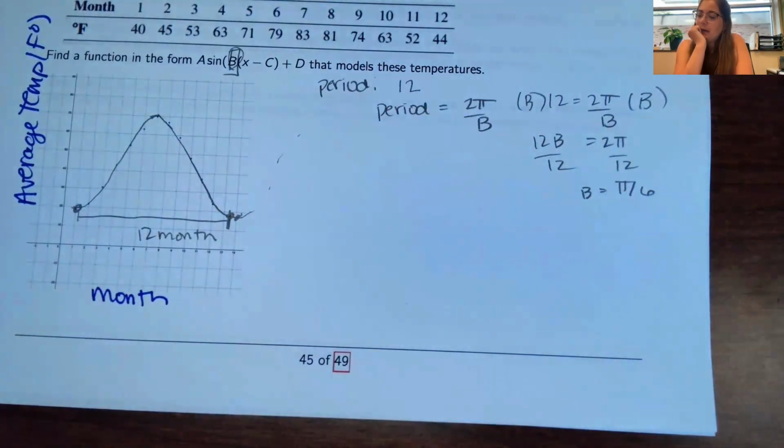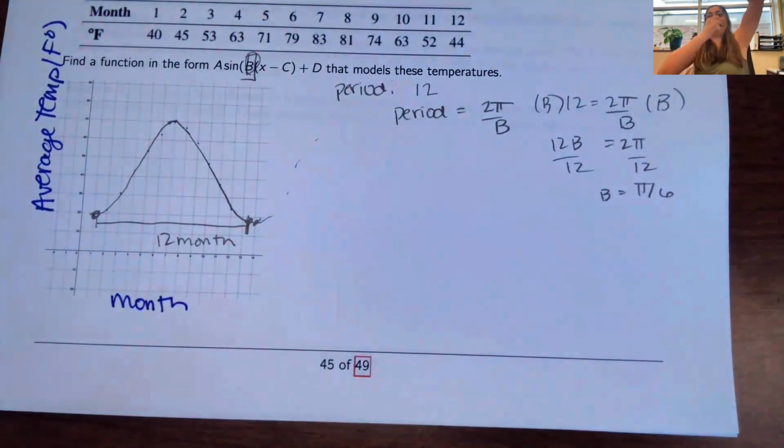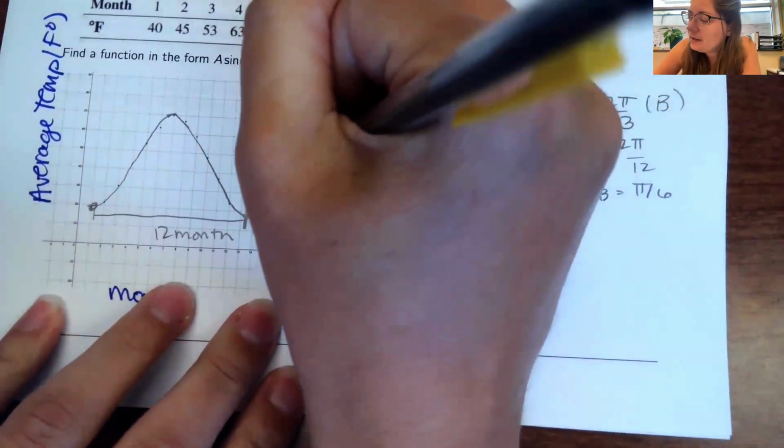Another thing I might want to start thinking about is how stretched is this and how moved up is it. To do that, I want to think about what my low temperature and my high temperature are. That's going to tell me how far I need it to go up.